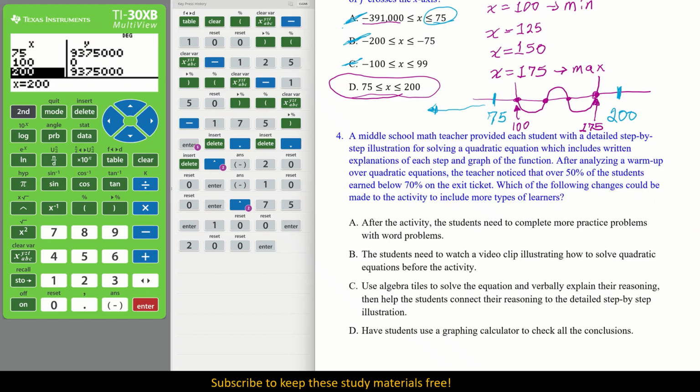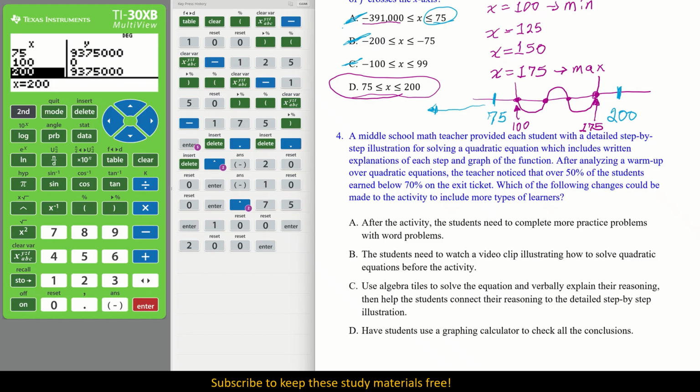After analyzing a warm up over quadratic equations, the teacher noticed that over 50% of the students earned below 70% on their exit ticket. Which of the following changes would be best to the activity to include more types of learners? Ooh, okay. Well, let's look at A.